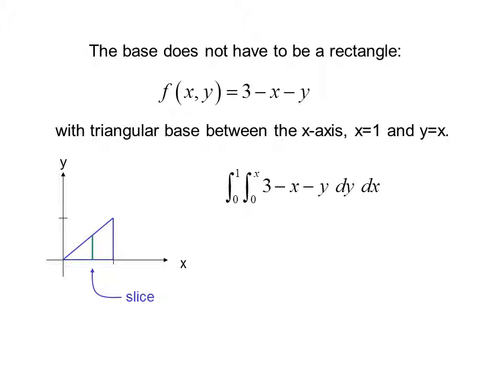and we get the integral from 0 to 1 of the integral from 0 to x, 3 minus x minus y dy dx.